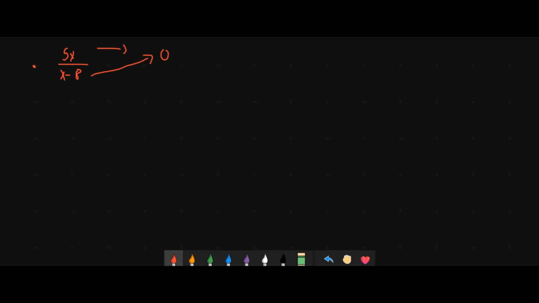Now we see here that it's x minus 8. So logically speaking, 8 would lead to the 0. So our answer is just x is equal to 8. Nice and simple over here.